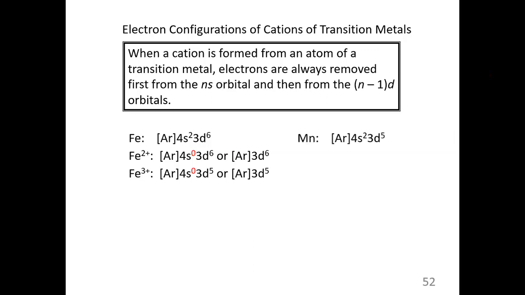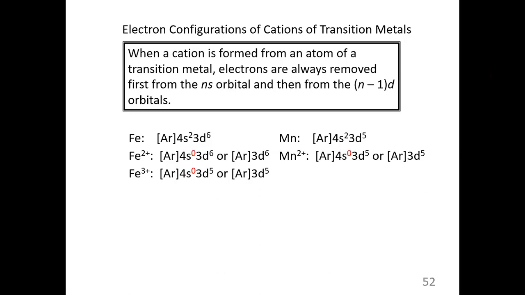So let's look at manganese. So manganese, core of argon, 4s2, 3d5, right? Very stable thing. Interestingly, when you make the manganese 2, you take out the electrons not from 3d but from 4s, and you end up with a configuration that's argon 3d5.